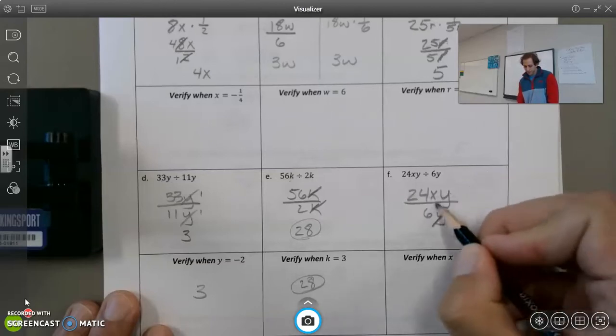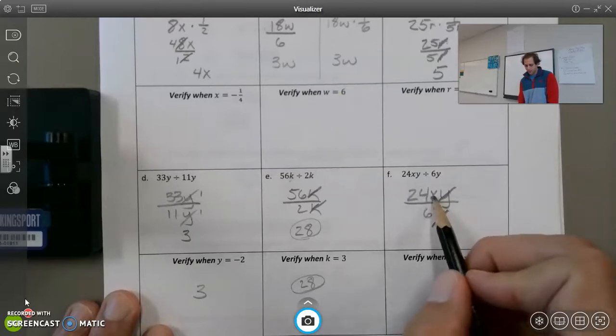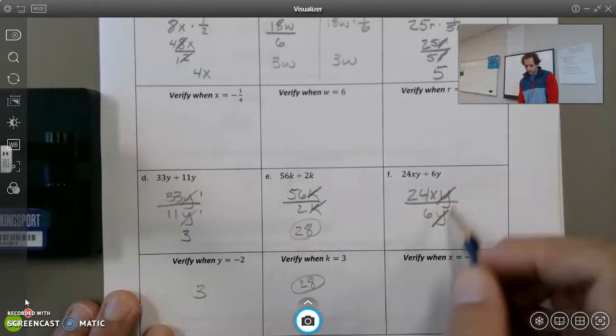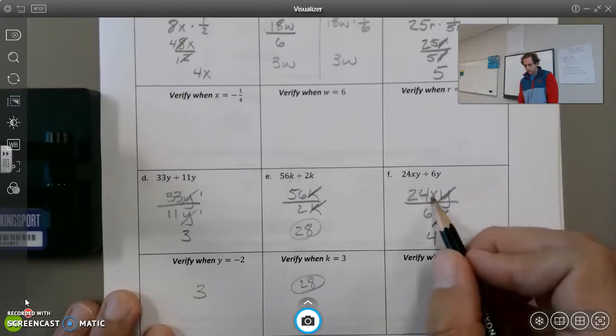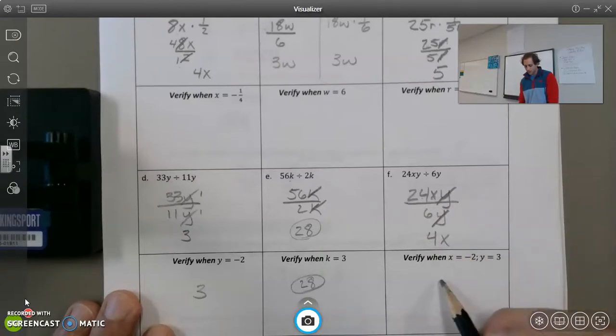Those will cancel one another out. And now I have 24x divided by 6. 24 divided by 6 is 4x. There is no x term in the denominator, so this just remains x. 4x, and if I go to verify this, I should just get -8.